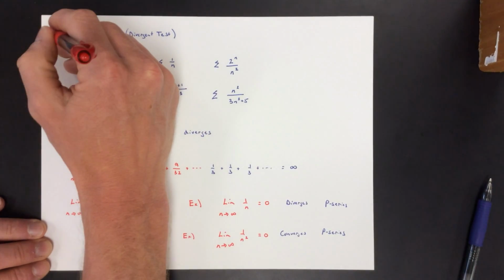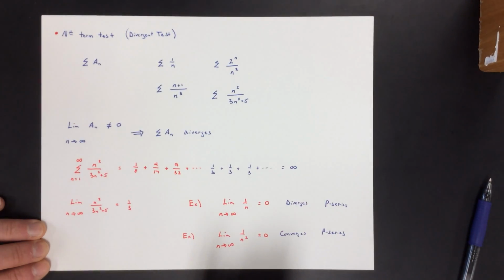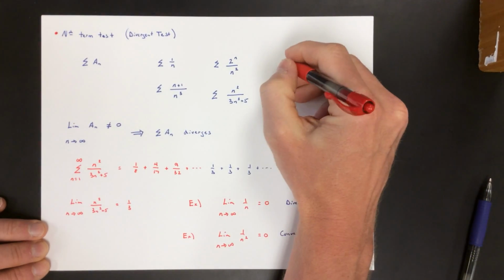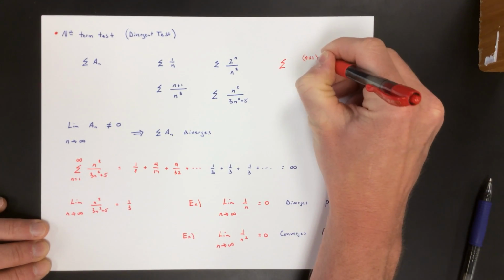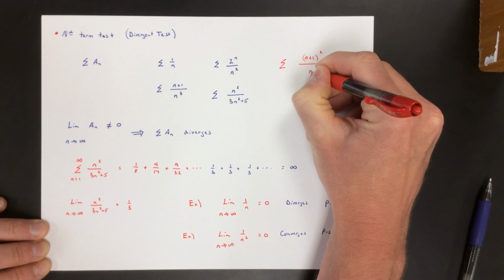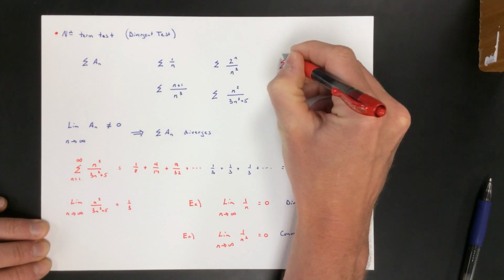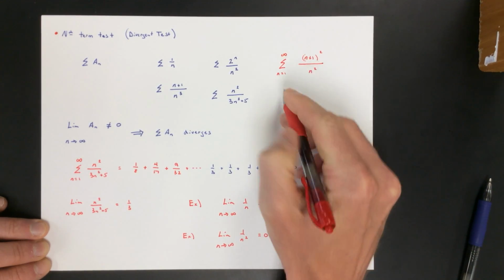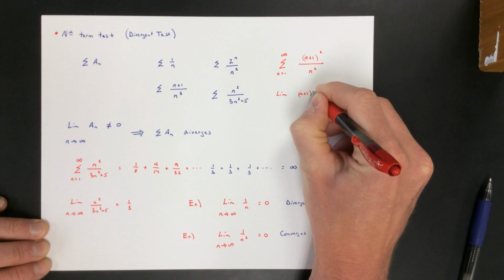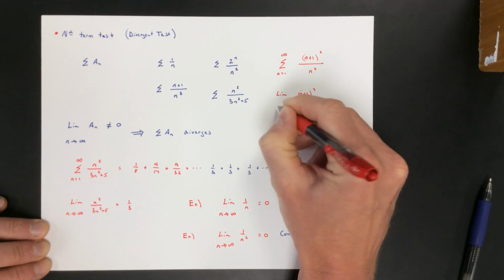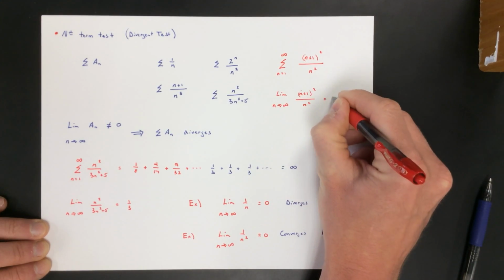So this test, sometimes you can just kind of look at it and boom, you know right away what happens. Maybe an example like (n plus 1) squared over n squared. What happens there? Well, n equals 1 to infinity. We know that the limit of (n plus 1) squared over n squared, as n goes to infinity, is an n squared over an n squared, so that limit's equal to 1.